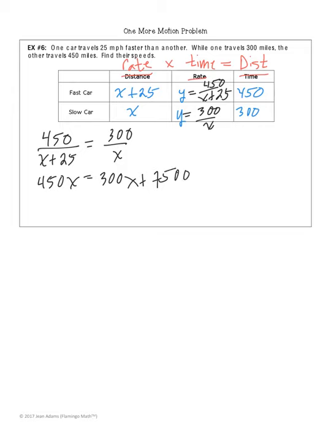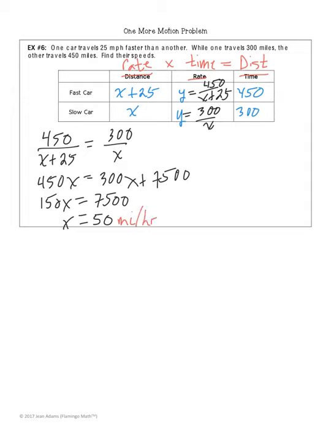Okay, so I'm going to subtract 300x from both sides, so that gives me 150x equals 7,500. Divide both sides by 150, and we get 50.